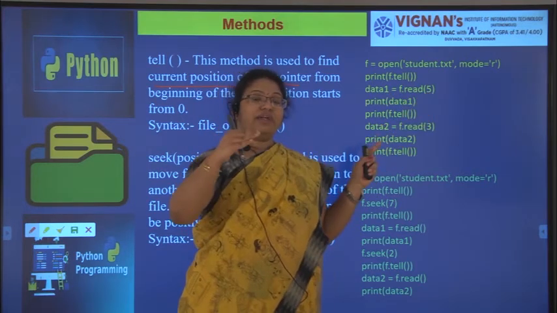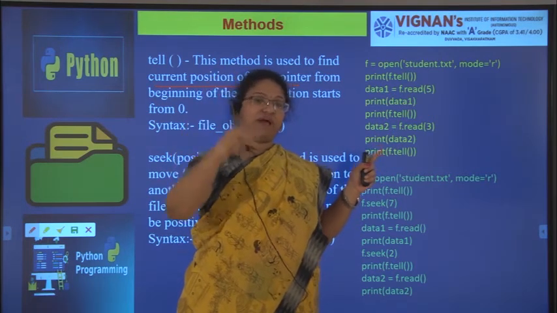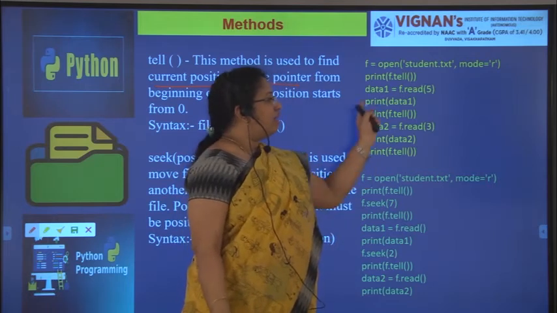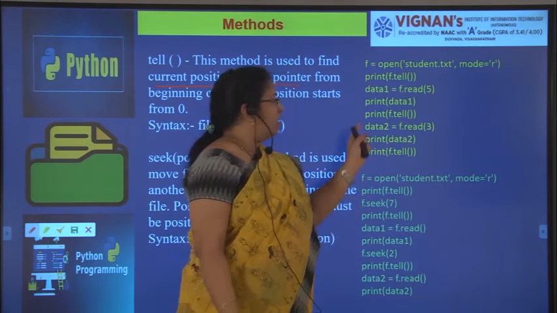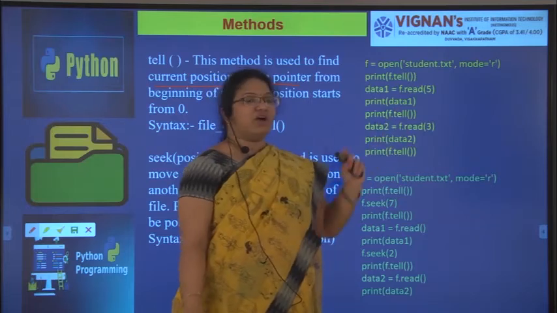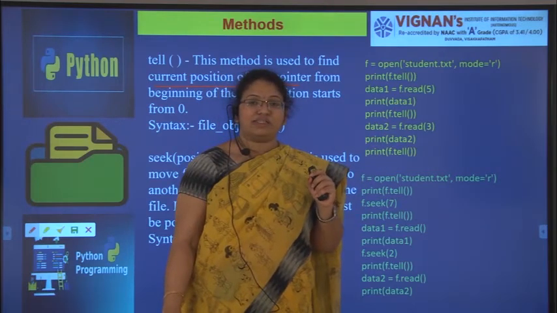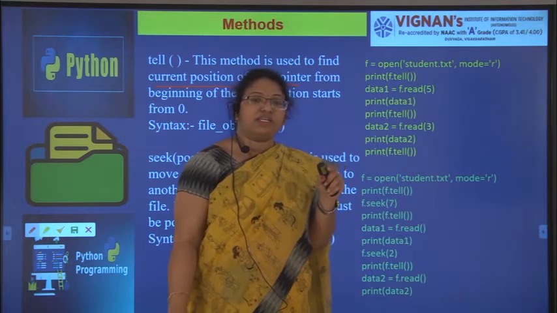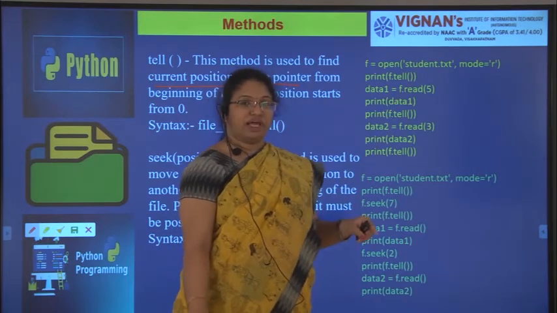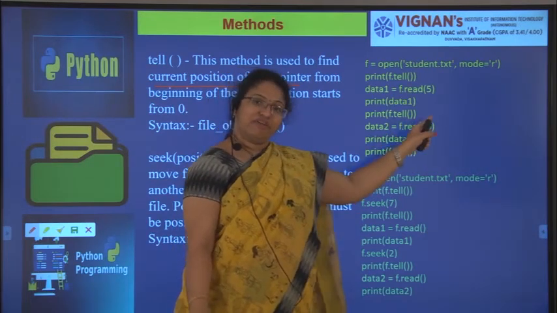So I am going to read 5 characters and place them in data1. Now I print data1, it is going to print the value. Now print of f.tell. f.tell tells you where your file pointer is, in what position. It is at position number 5, so it is going to return 5.